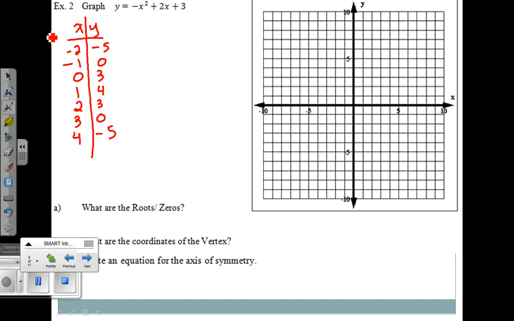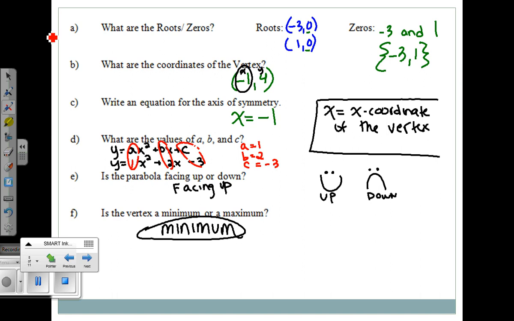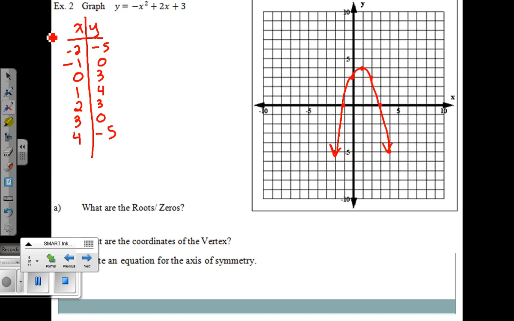And let's plot this. And then we put x. All right.